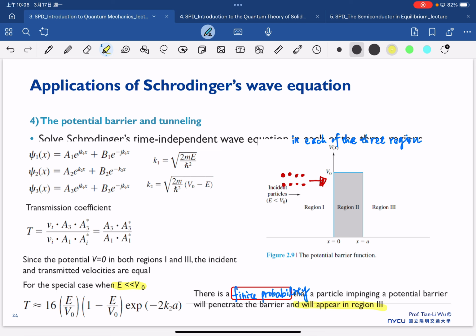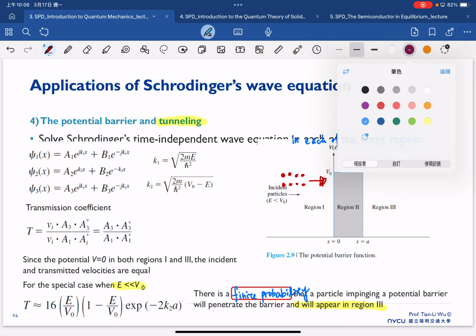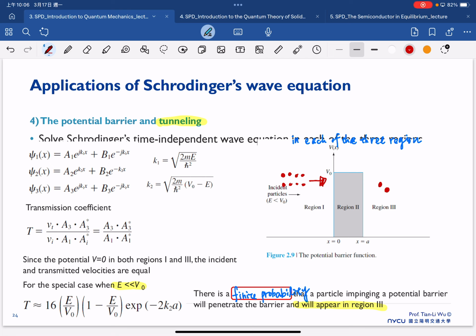We call this the tunneling effect. For example, here you have particles trying to travel to the right, and suddenly we find that a certain particle is able to penetrate and reach region 3, and probably we can find the particles here. This phenomenon is what we call tunneling.